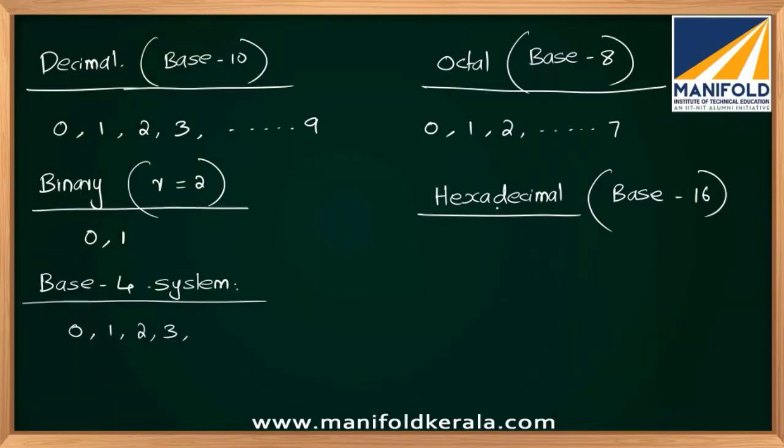The base is 16, so there have to be 16 distinct symbols at your disposal for representing every number, right? So what do you think those 16 symbols are? Obviously, the first 10 symbols are 0, 1, 2, etc. up to 9. Now after 9, which is the symbol you have?